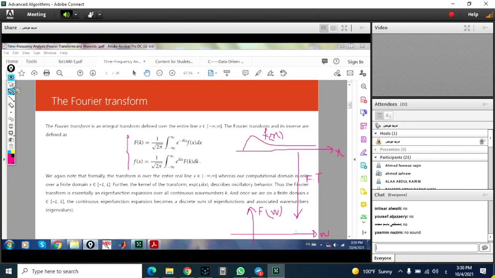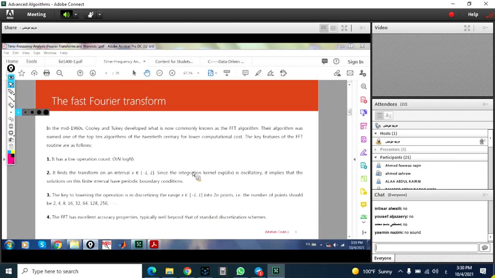Then we use this for transforming this function to the Fourier transform. After that, there is the fast Fourier transform, commonly named after Cooley and Tukey.